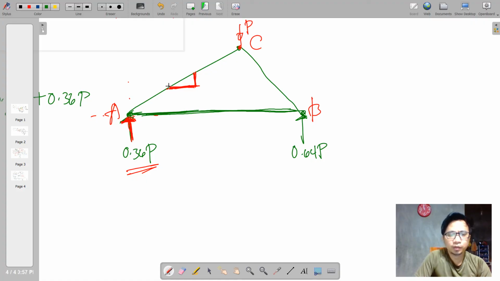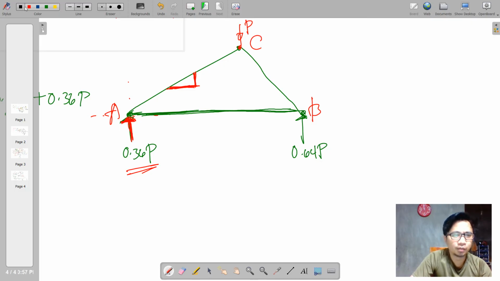So therefore, AC should counter the force going upwards here. AB cannot be vertical because it is set or fixed on the horizontal. That is why AC is the only force to counter this one.